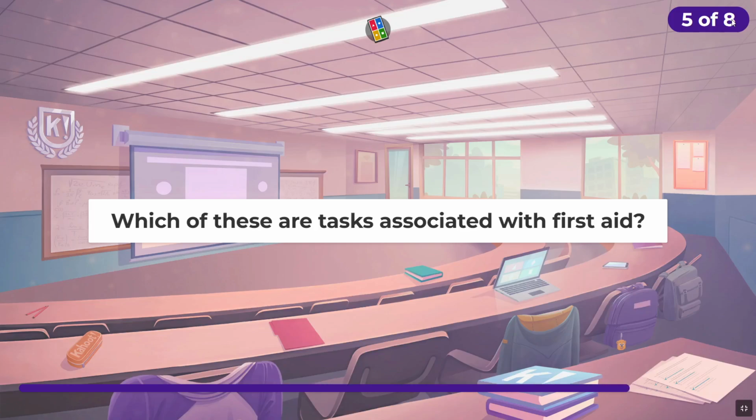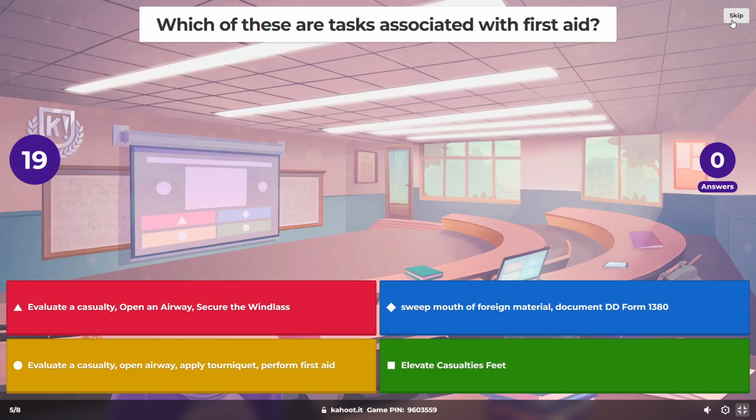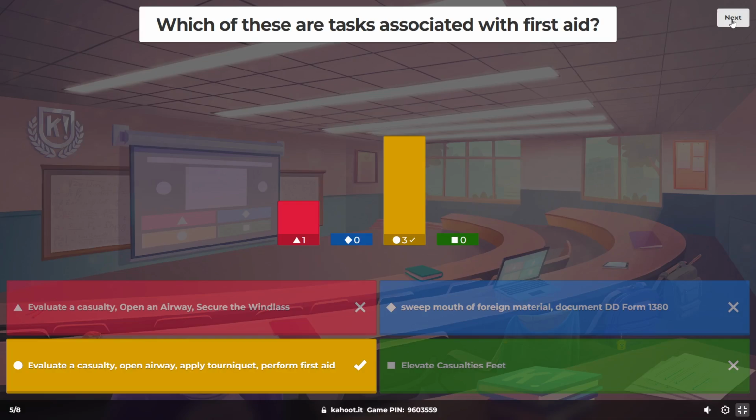Which of these tasks associated with first aid? All right. So the reason, secure the windlass, that is part of the task of applying the tourniquet, right? That's a subset of that. That's why that one would be wrong.